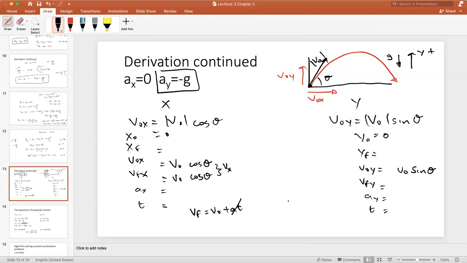So we have that. For y though, v final of y is going to be equal to v initial of y plus a of y times t. Now a of y though is negative, so what you get is v initial of y minus gt. This is where a lot of people get messed up, okay?